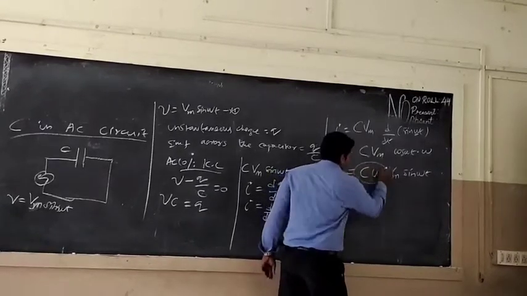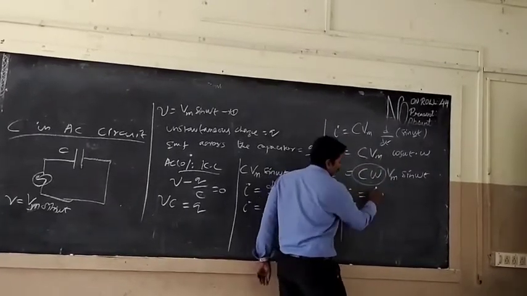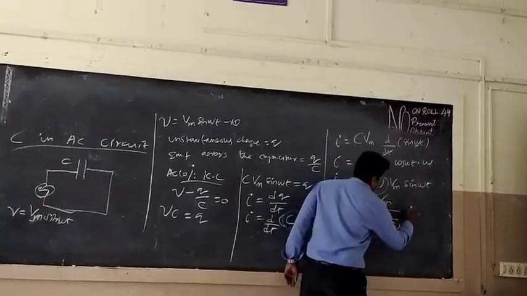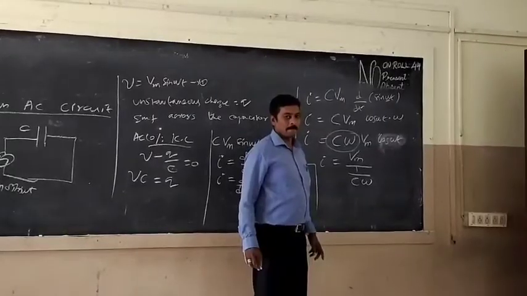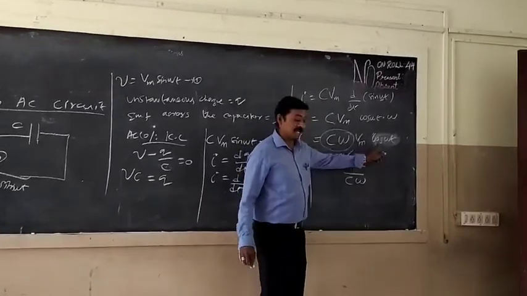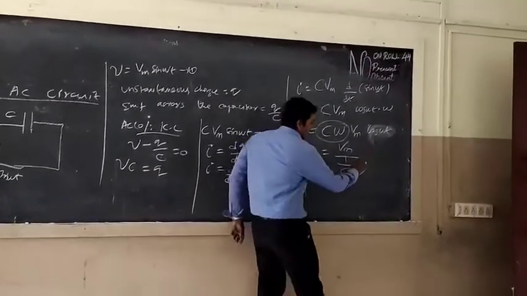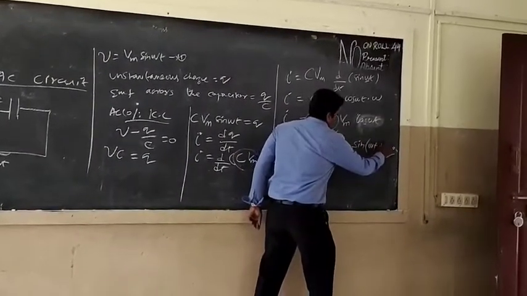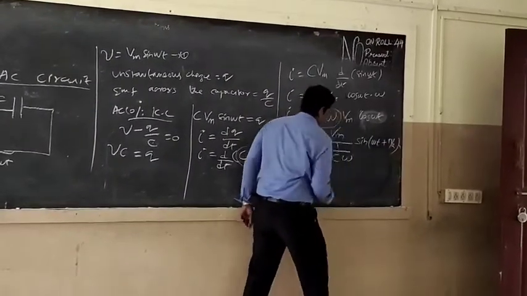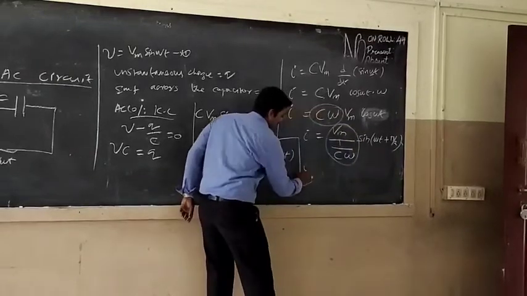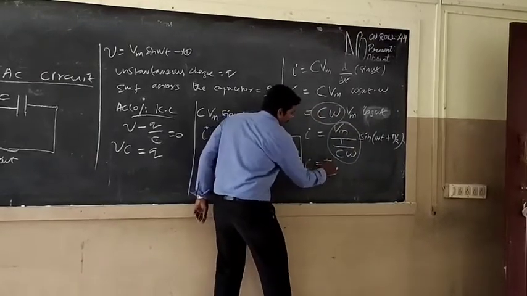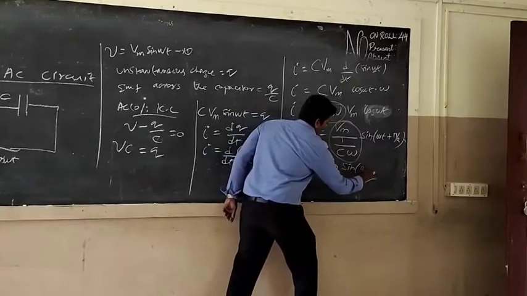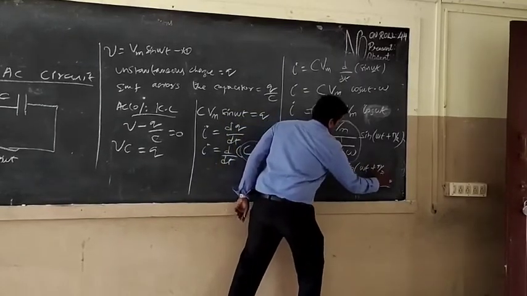We write it as I is equal to Vm by 1 by C omega, cos omega t. Cos omega t can be written as sin omega t plus pi by 2. Now this will be the maximum current. I is equal to Im sin omega t plus pi by 2.